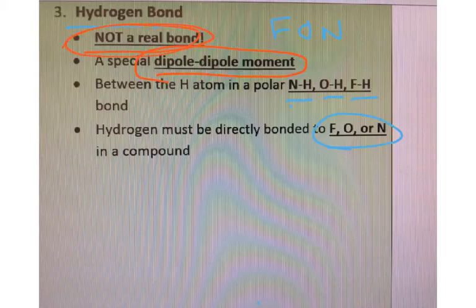It is not literally one hydrogen in one particular compound being bonded to another nitrogen, oxygen, or fluorine in another molecule. It is just a really strong attraction. So that's kind of why they say hydrogen bond, because that bond is a stronger attraction than usually IMFs have.